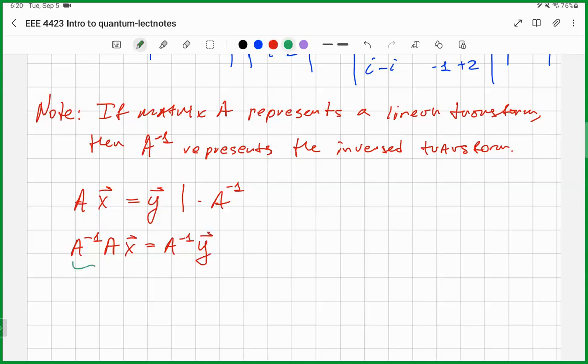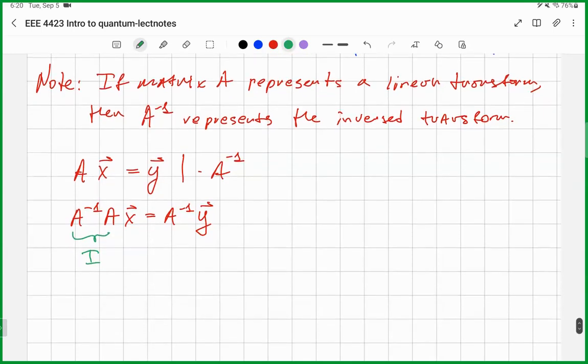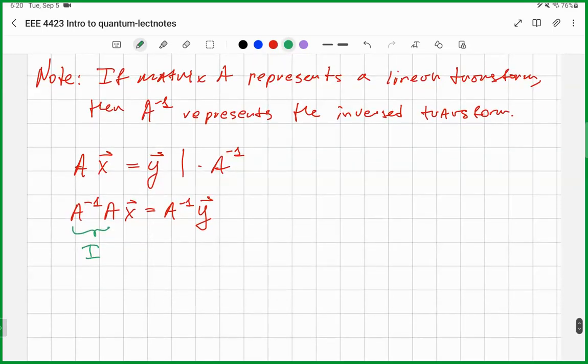This is the identity matrix. Identity matrix times a vector is just the same vector. So we get the result that the initial vector x is given by the inverse matrix A times y. So the inverse matrix represents the inverse operations. Very good.